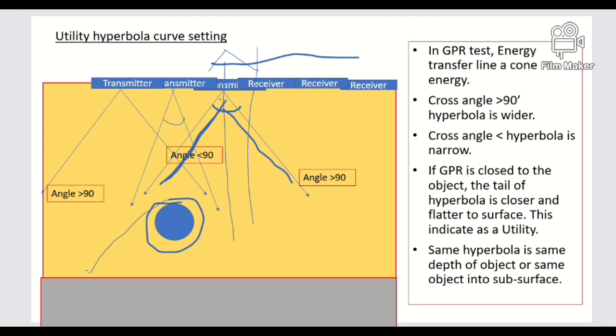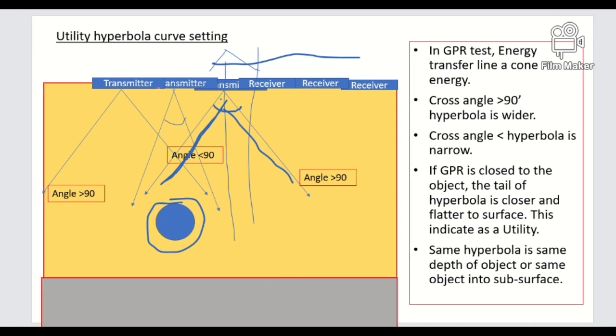If the GPR goes in this direction and an object is present here, the hyperbola curve is like a V cut. Also, if the distance from the ground surface is closer, the hyperbola is flatter.